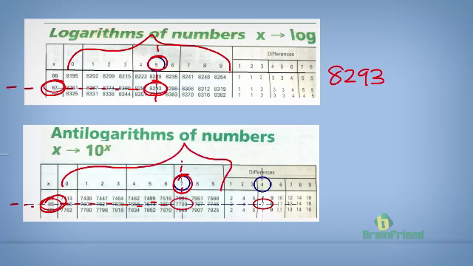If we trace that down to intercept the row, they would intercept at this point where we have a value 7709. The last digit on our number string is 4. 4 is looked up under the difference column. If we traced 4 down to intercept our row again, they would intercept at this point here where we have our value as 7.